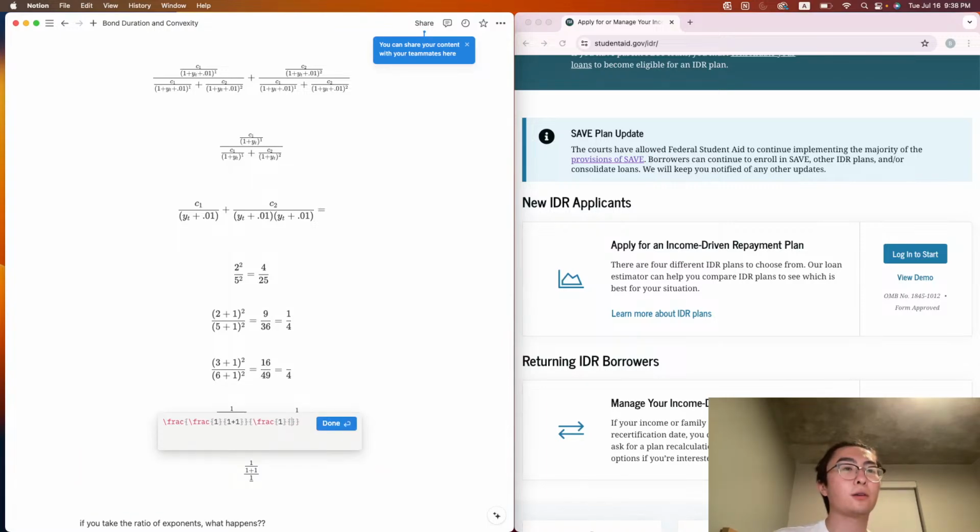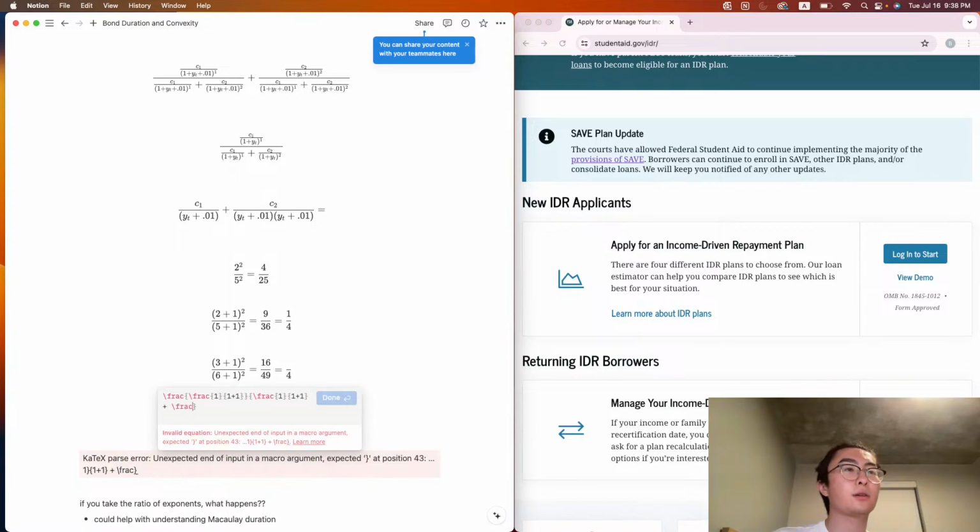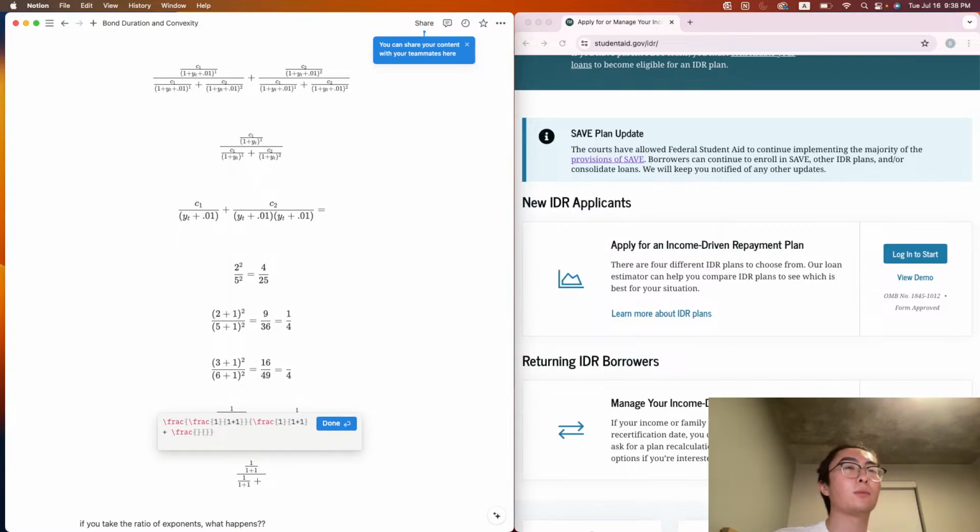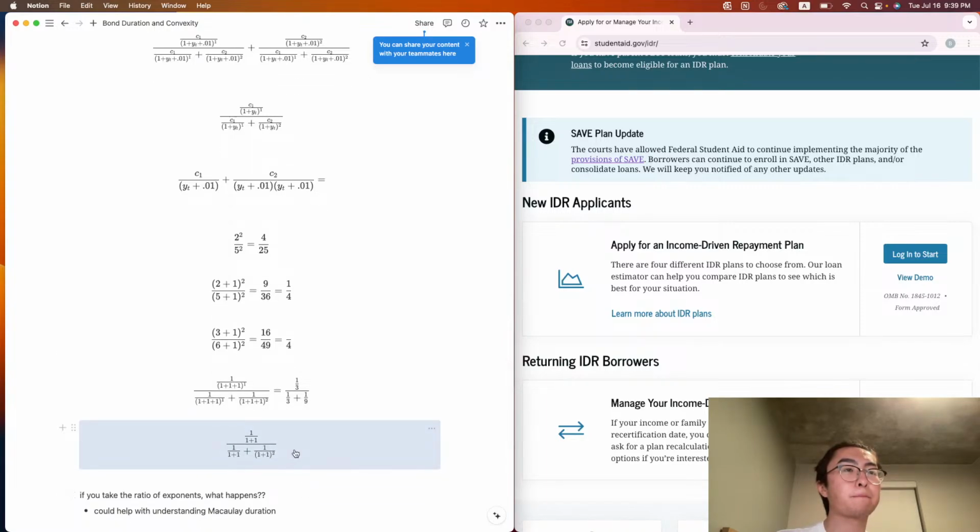So 1 divided by 1 plus 1 plus 1 divided by 1 plus 1, squared, right? So this then is equal to 1/2. Yeah, we can do this.